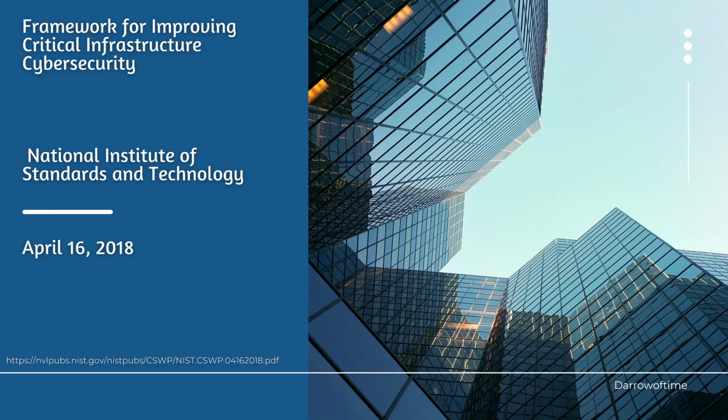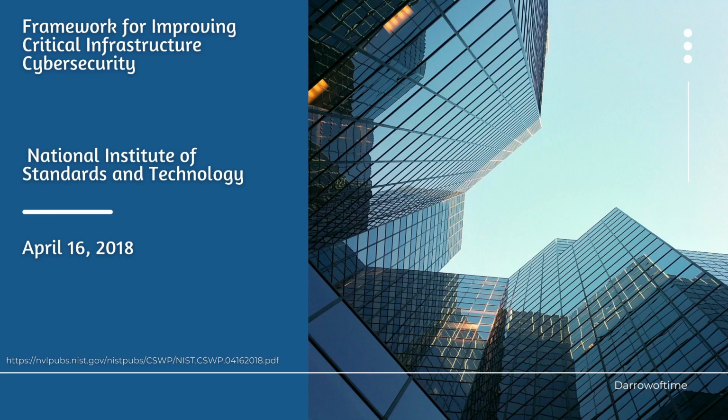To strengthen the resilience of this infrastructure, the Cybersecurity Enhancement Act of 2014 updated the role of the National Institute of Standards and Technology to facilitate and support the development of cybersecurity risk frameworks.